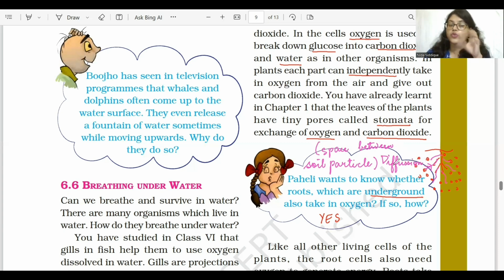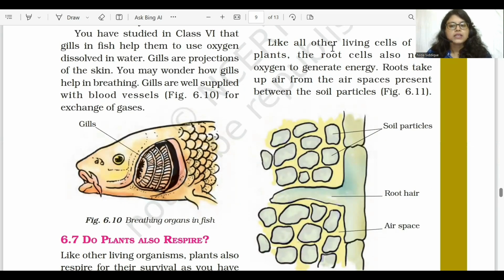Now remember, the root cells are also living cells, and they also need energy. They also have to respire. So they do this with the help of the process of diffusion. Okay, so this is how the roots are able to respire. Like all other living cells of the plant, root cells also need oxygen to generate energy. So roots take up the air from the air spaces present between the soil particles.